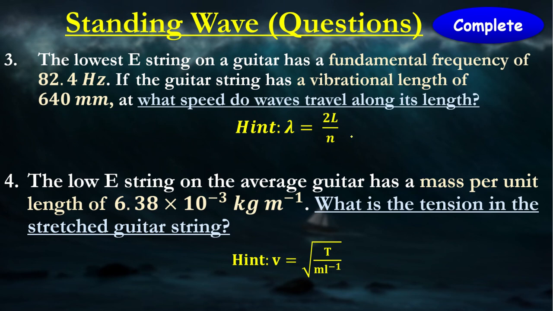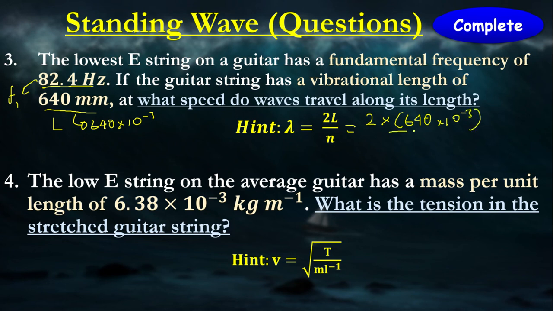Okay, so let's have a look at this question here. We know that the fundamental frequency is F1, so that's 82.4. We know that the vibrational length L is 640, which if you convert that into meters is given by this value. If we substitute that into our equation, 2 times 640 times 10 to the power negative 3 over 1, because that's our fundamental frequency, we have a wavelength of about 1.28 meters.